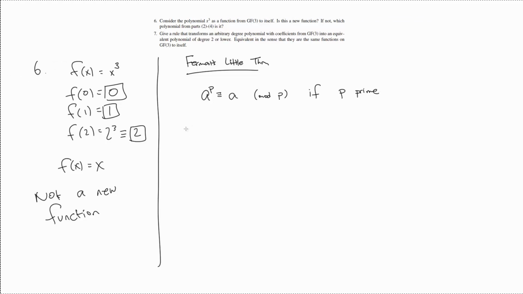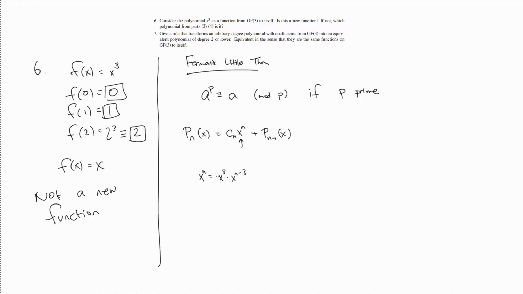Now let's say we have a polynomial of degree n, Pn of x. It consists of a term of degree n, so we have Cn times x to the n, plus some polynomial of degree at most n minus 1. Now let's look at the term x to the n. We can write x to the n as x cubed times x to the n minus 3.